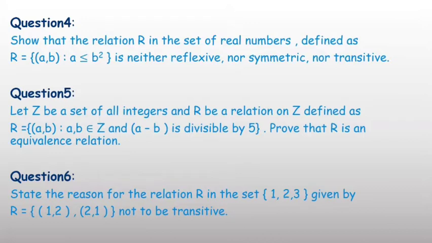In question number 5, you have to prove R is an equivalence relation for all integers. And question number 6, you have to write the reason why R given by (1,2) and (2,1) is not transitive.